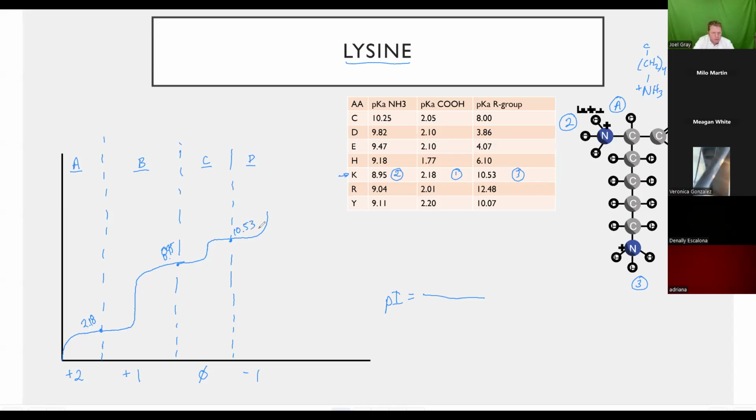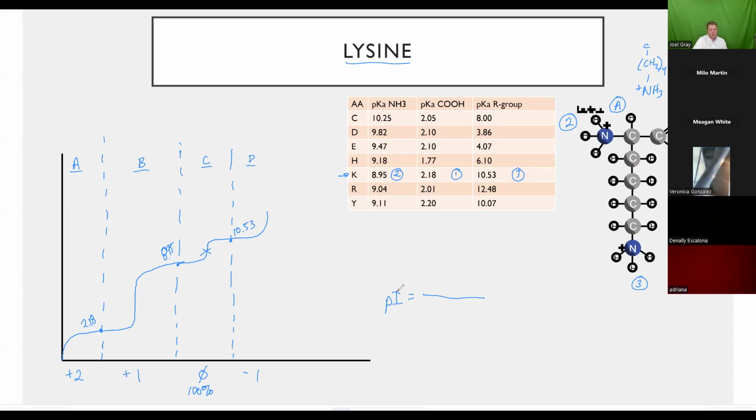So if we take 10.53 plus 8.95, because what we're looking for is a pH right around here, because that's where 100% of my molecule has a 0 charge.